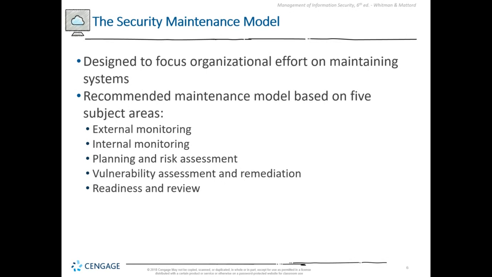The fourth area is the vulnerability assessment and remediation. The primary goal of this is identification of specific documented vulnerabilities and their timely remediation. So how fast can you fix these vulnerabilities?